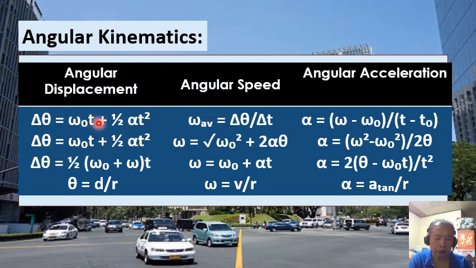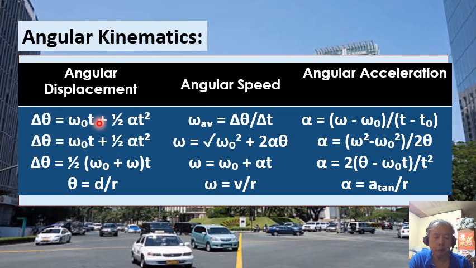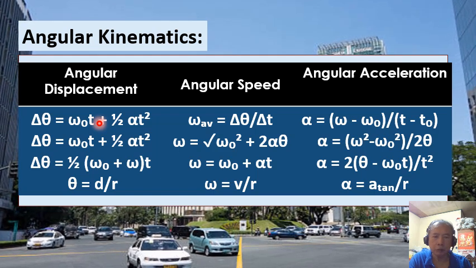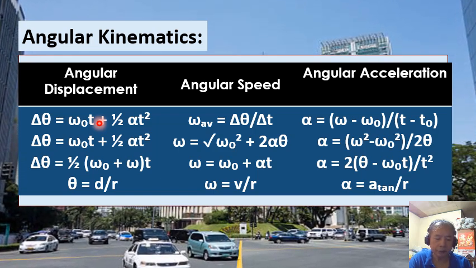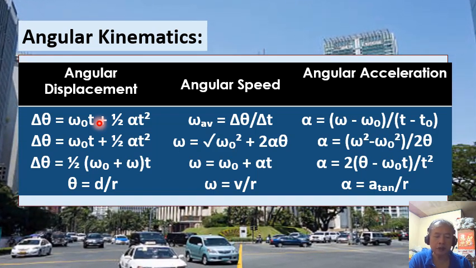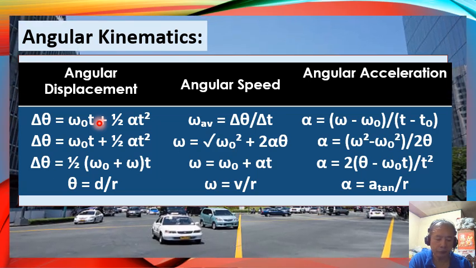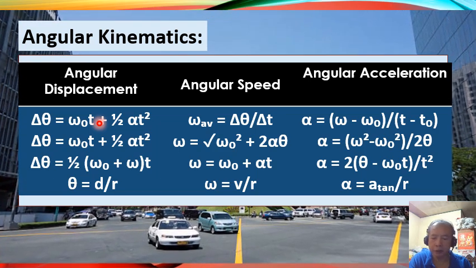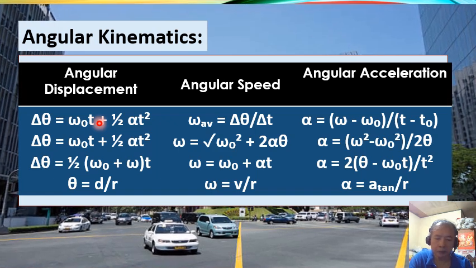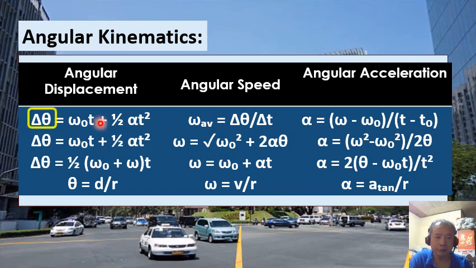In rotational kinematics, we have three important quantities. First, we have the change in angular displacement, which we denote here as delta theta.